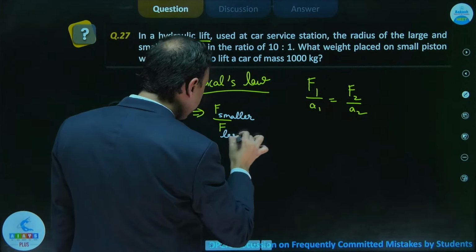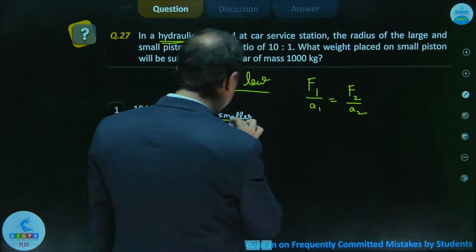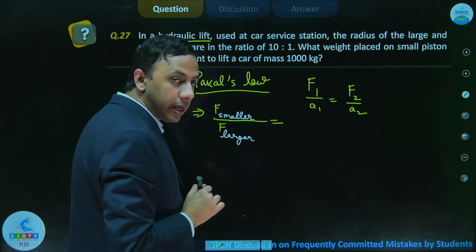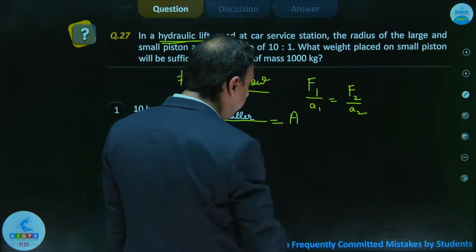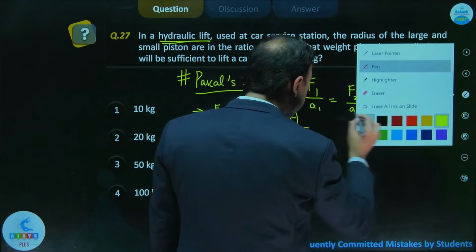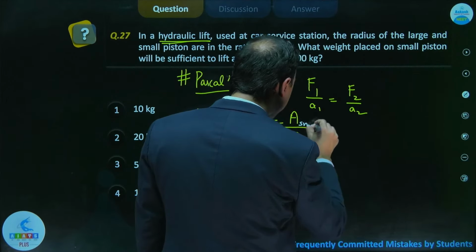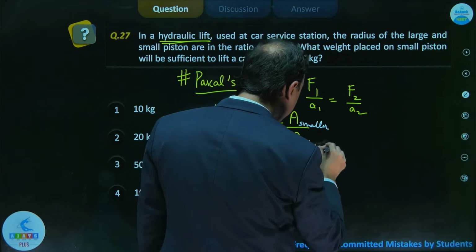So let's write that instead. Area also, let's say I'm writing it in capital. Once again the same thing, smaller and larger.